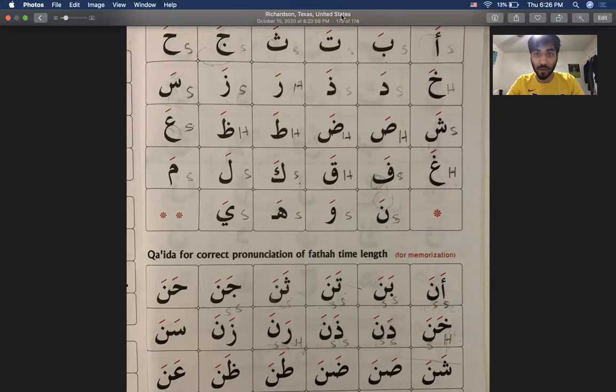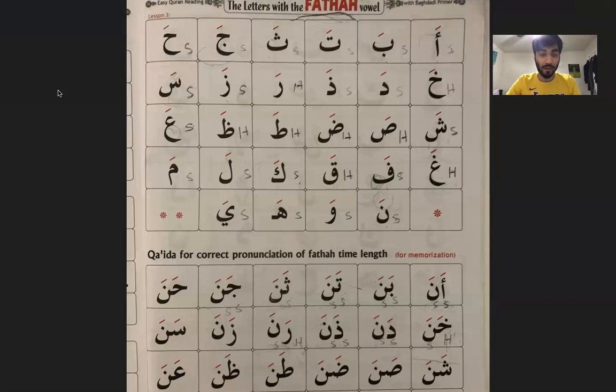And inshallah, for those who are moving on, this is the next lesson, and this is a rule we call Fatha. So I'll spell it right here to the left. Fatha.